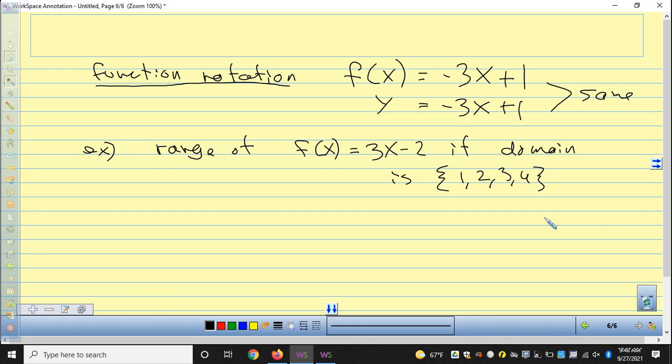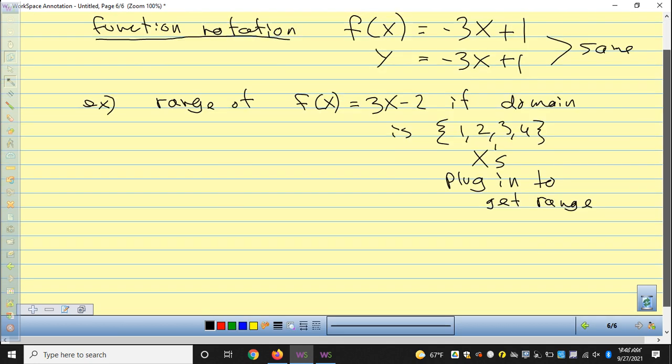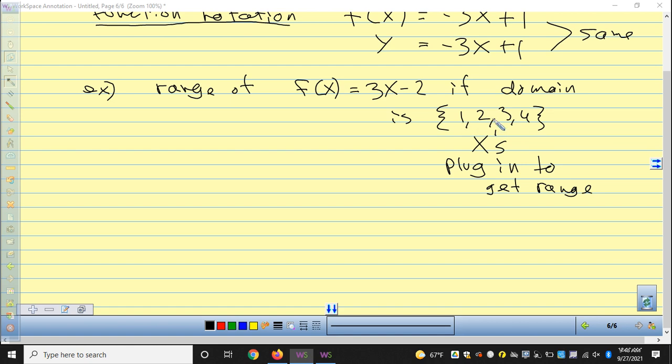Well, the domain are my x's. So these are my x's. And I'm going to plug these in to get the range. So I'm just going to calculate with x equals 1, x equals 2, x equals 3, and x equals 4.